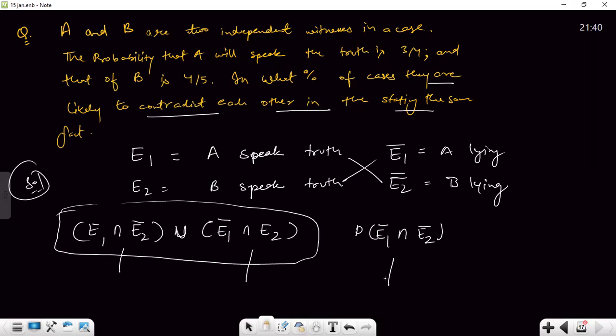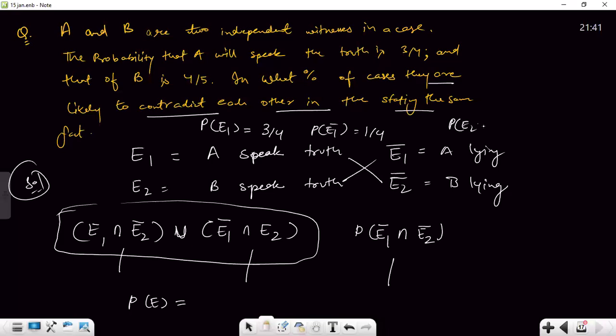So let's try to write the probability of the event of contradiction. What is the probability of speaking the truth? Probability of E1, A speaking the truth, is 3 by 4. Its bar will be 1 by 4. 1 minus 3 by 4 is 1 by 4, na?